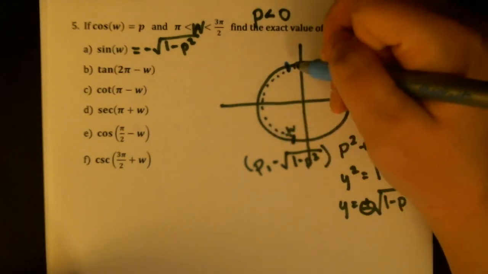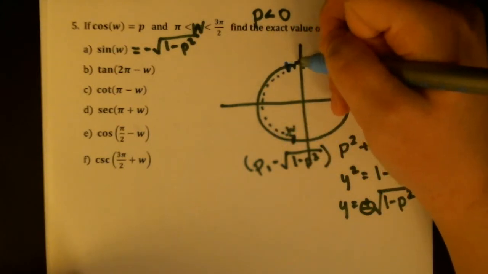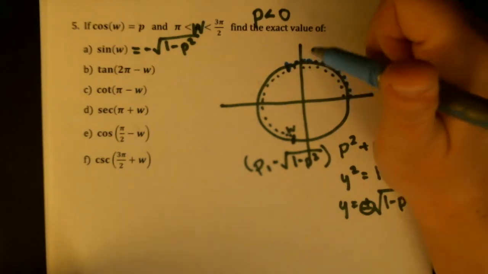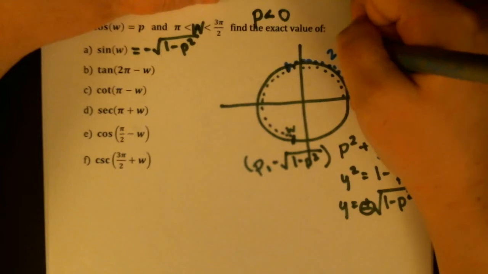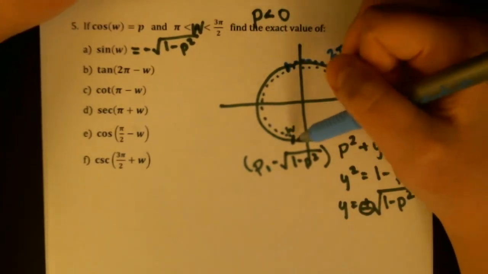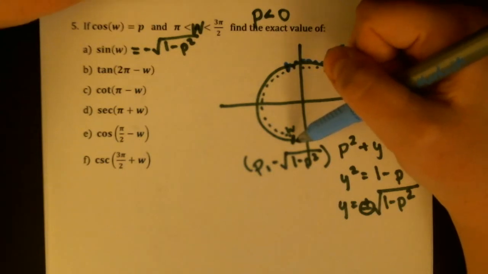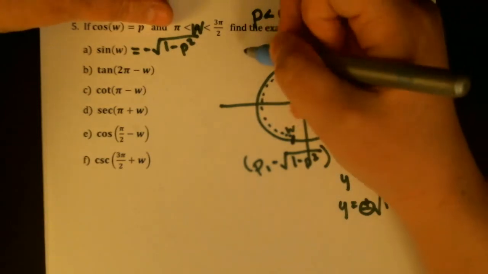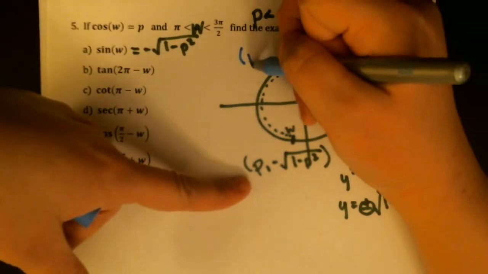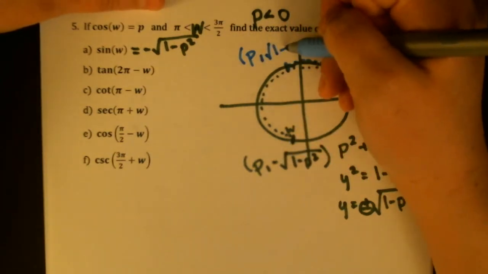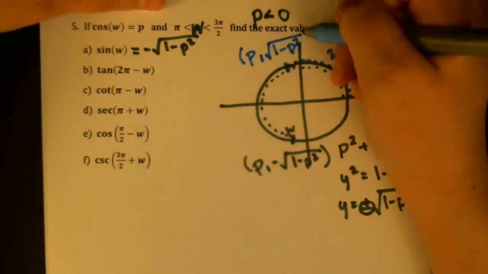You went 2 pi minus w, but really what that means is we should have figured out what 2 pi minus w was ahead of time, and that's our arc length. That's the 2 pi minus w. Okay, so this point ends up being directly across through the x-axis. So we cut straight across vertically, flip over the x-axis, and our x-coordinate stays exactly the same, but our y-coordinate should change signs. So now we want a positive root of 1 minus p squared.